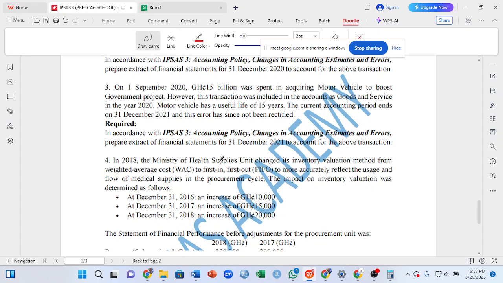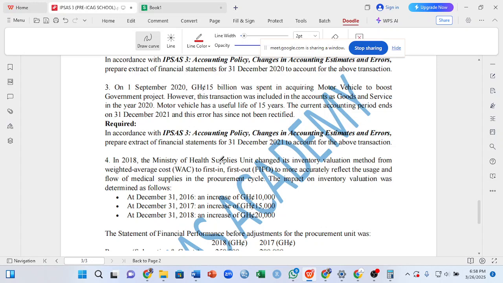Lisa, Rita, can you read for us, please? Anyone? Question 3. Yes, please. On 1st September 2020, 15 billion Ghana cedis was spent in acquiring a motor vehicle to boost government projects. However, this transaction was included in the accounts as goods and services in the year 2020. The motor vehicle has a useful life of 15 years.